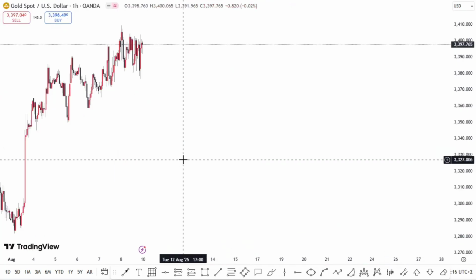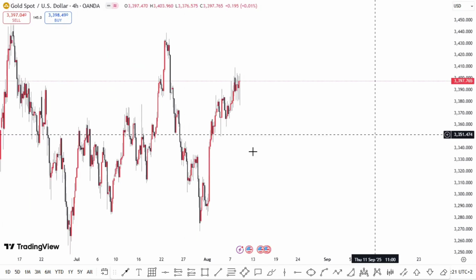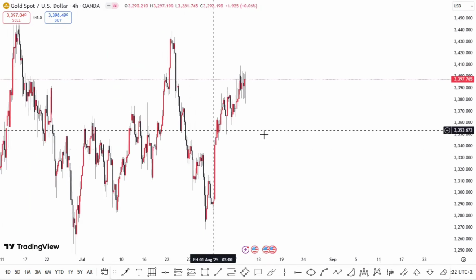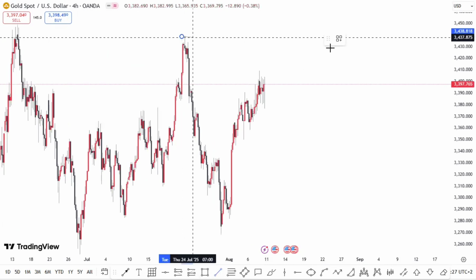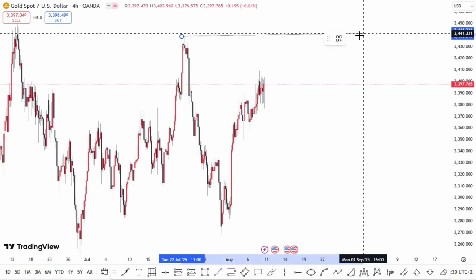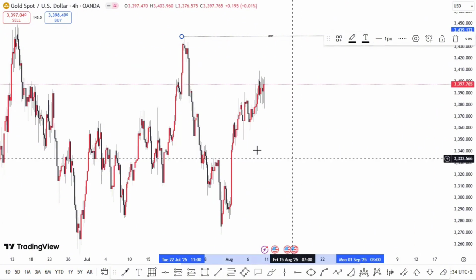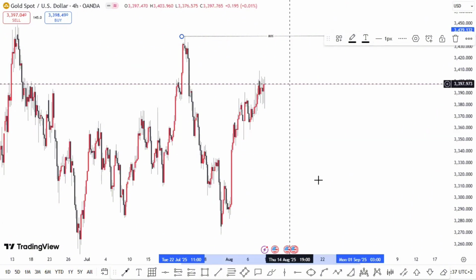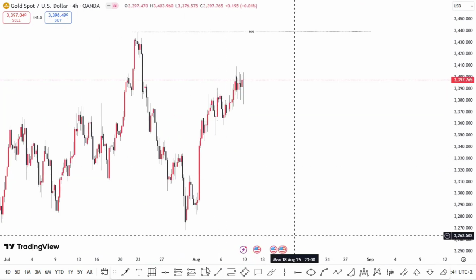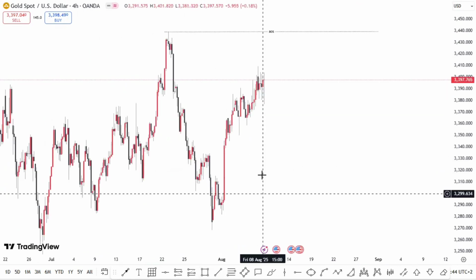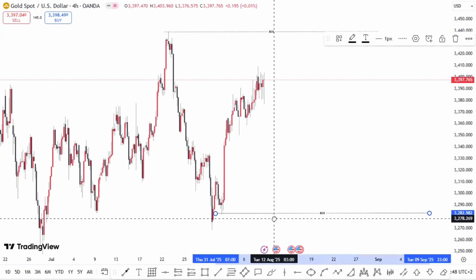Okay, H4. So here we have gold. Break of structure. Okay, that's my second break of structure.